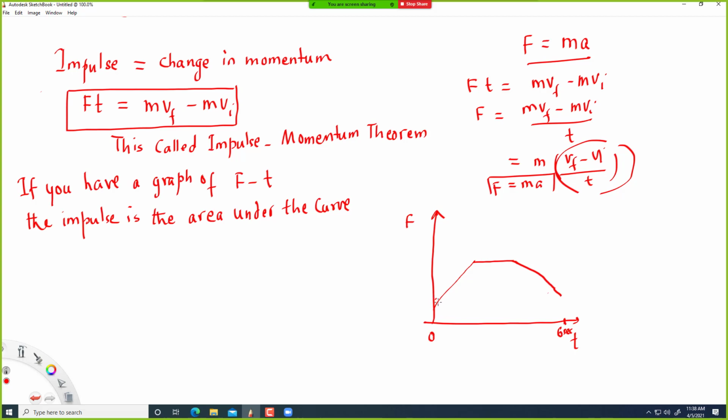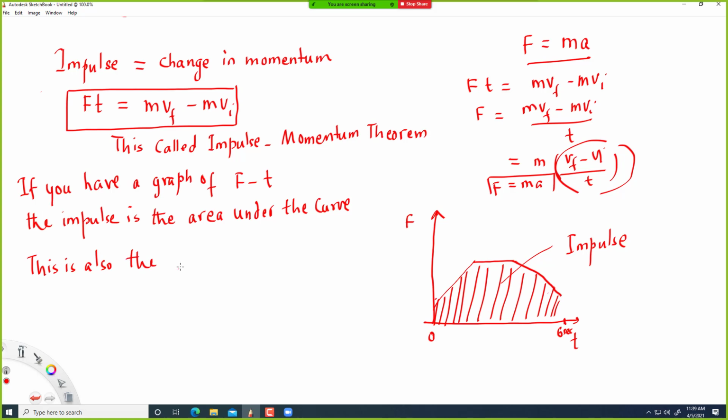That is given by this area under the curve. You find the area, and that will give you the impulse, which is also change in momentum. So if someone asks you what is the impulse or change in momentum from 0 to 6 seconds, it is the area under the curve. Okay, so this is also the change in momentum.